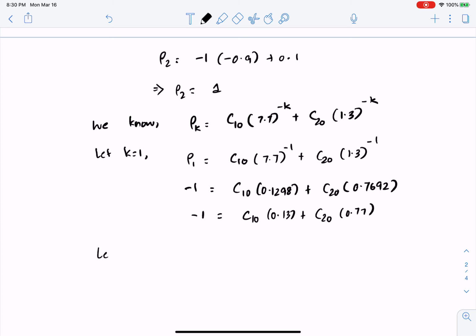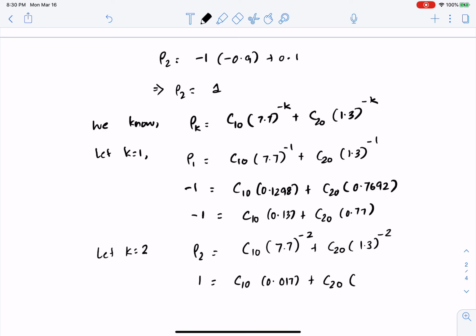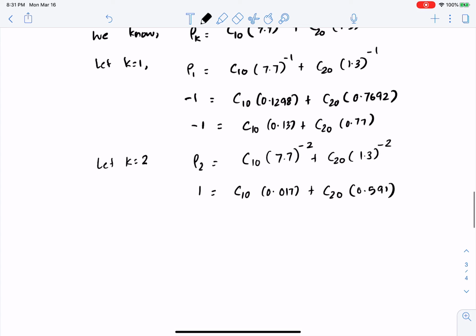And likewise, if we let k equal 2, row 2 would equal C10 times 7.7 raised to negative 2, plus C20 times 1.3 raised to negative 2. So 1 would equal C10 times 0.017 plus C20 times 1.3 raised to negative 2, which is 0.591.